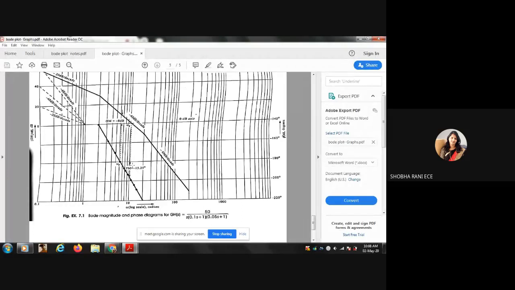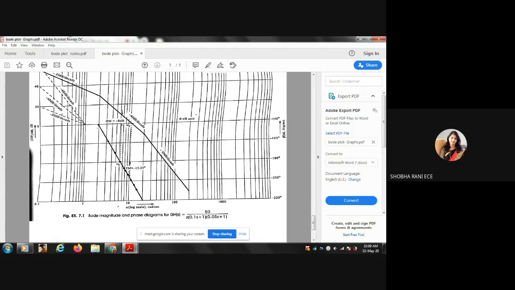So from omega g you came down, it is intersecting the phase plot at this point, but you see that this point is below the minus 180-degree line. So the value you get here is nothing but the phase margin, and it is negative. For this problem, you get the phase margin as minus 15.52.